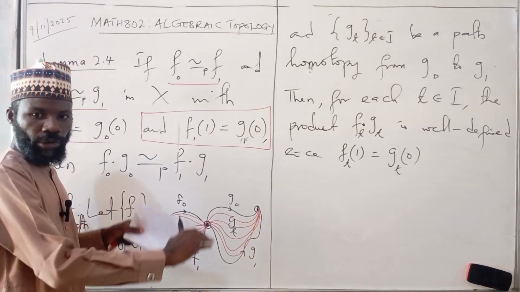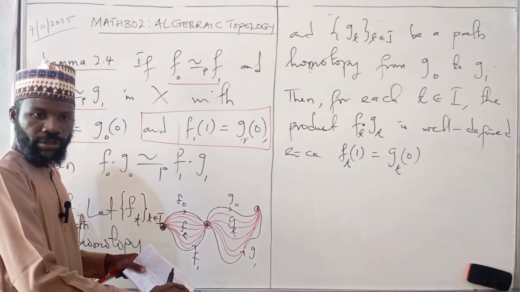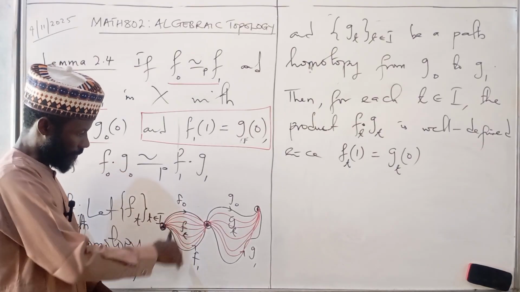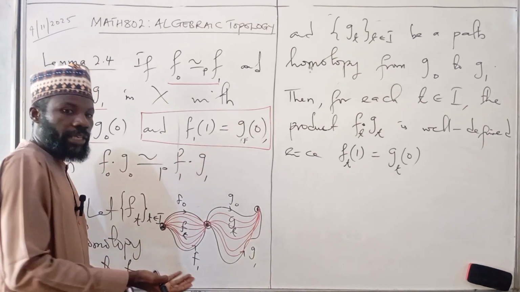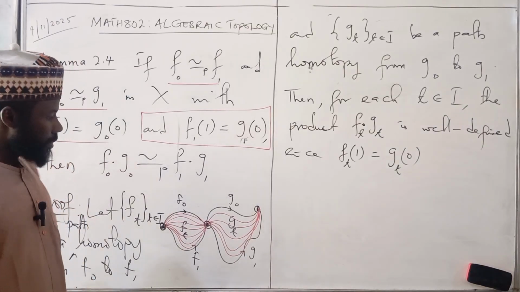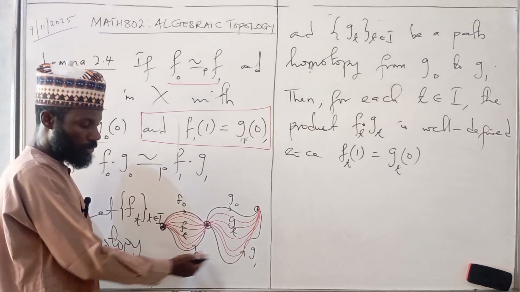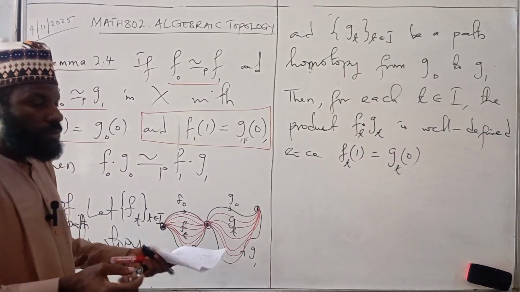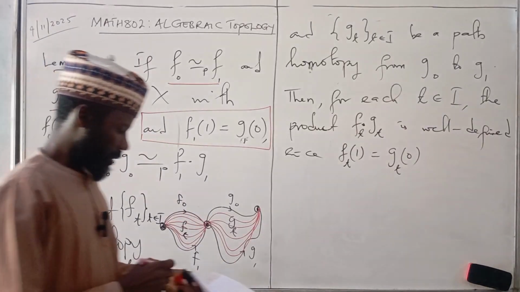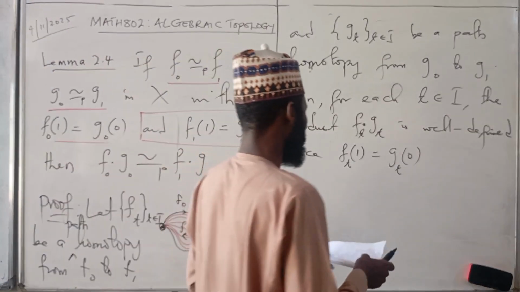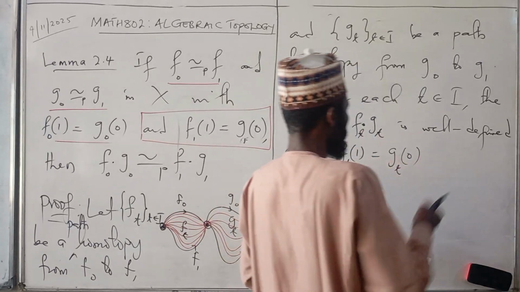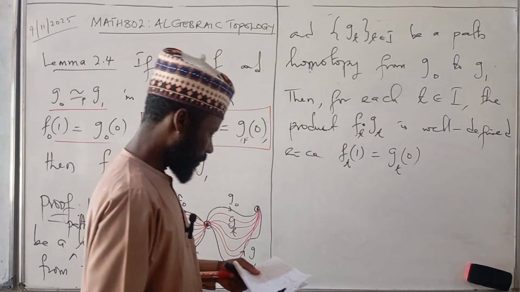So you have a flow of maps over time, and that already defines a homotopy from the product f_0 g_0 to f_1 g_1. It's well defined and continuous, by the pasting lemma.